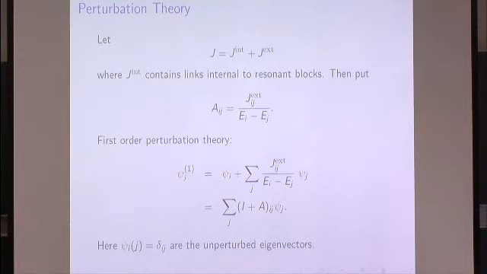Then if you remember first-order perturbation theory, you define that the perturbed eigenfunctions are given by the unperturbed ones plus the sum of the interaction divided by E_i minus E_j. And you can write this in matrix form as just saying that the new eigenfunctions are given by 1 plus A times the old ones.